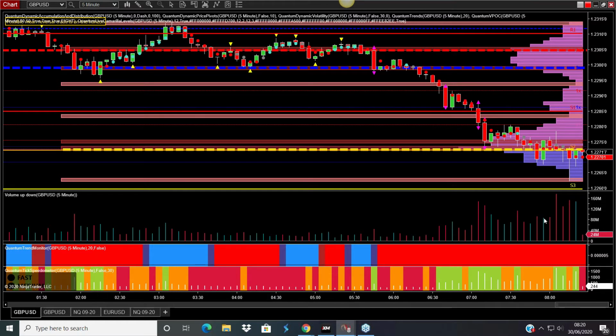So from a technical perspective, you think, yeah, great, it looks like it's going to reverse, but what gives it away is the lack of volume in the move higher. We then have a pullback on this small candle here, with a reasonable amount of volume underneath it, but it doesn't go anywhere. You've also got a wick to the top of the candle, but it's the next candle which is the clincher: you have this huge effort to rise, it crashes back down, and look at the volume underneath.